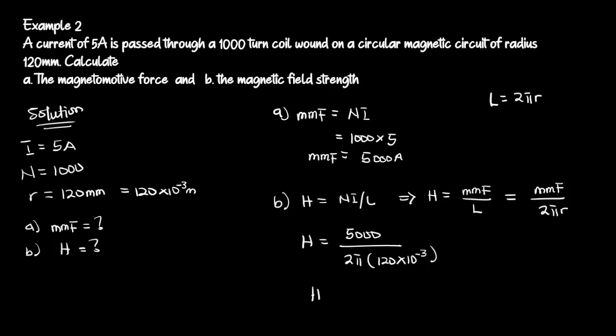If I compute 5000 divided by 2π multiplied by 120 times 10 raised to the power minus 3 on my calculator, it gives me 6631 amperes per meter as my answer for this problem. So thank you so much for watching. This is how we solve problems on magnetomotive force and magnetic field strength.